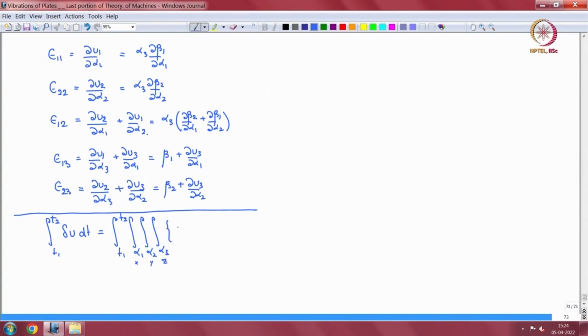Now I am straight away using the earlier expressions: sigma 11 delta epsilon 11, plus sigma 22 delta epsilon 22, plus sigma 13 delta epsilon 13, plus sigma 23 delta epsilon 23, plus sigma 12 delta epsilon 12, d alpha 1 d alpha 2 d alpha 3 dt.